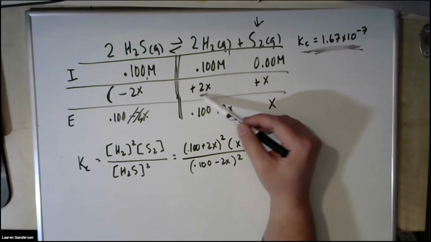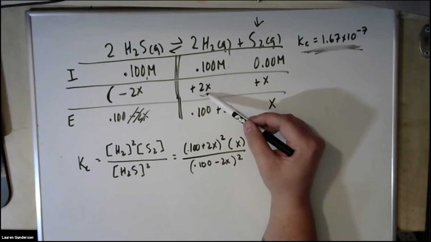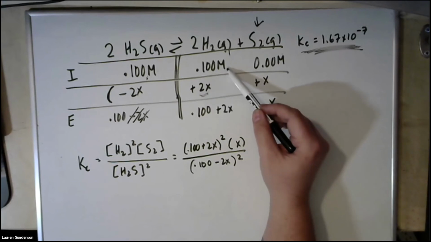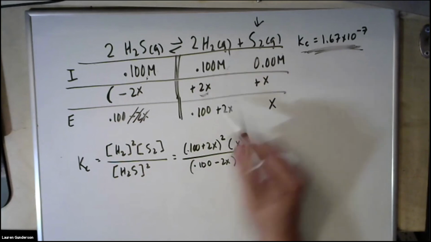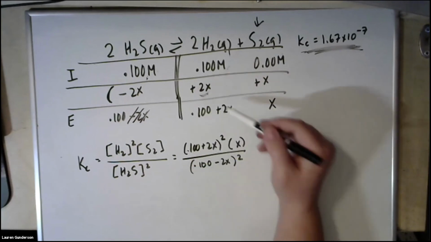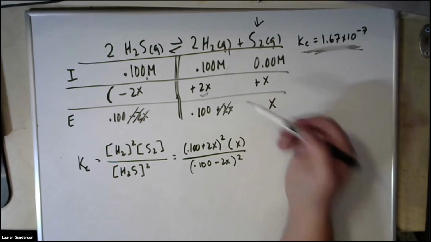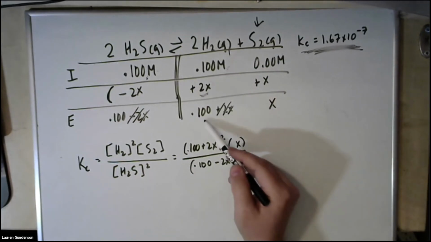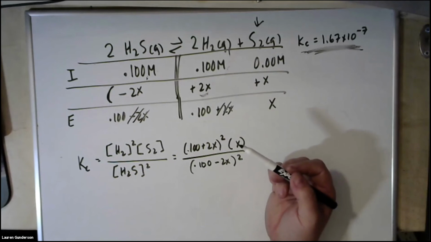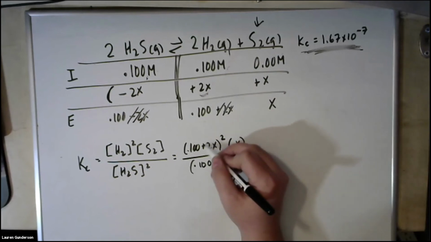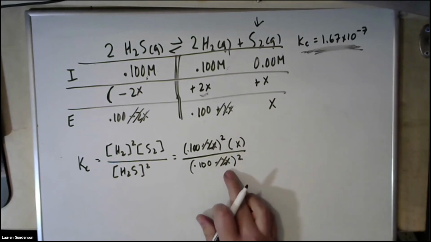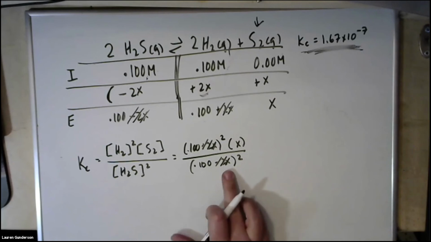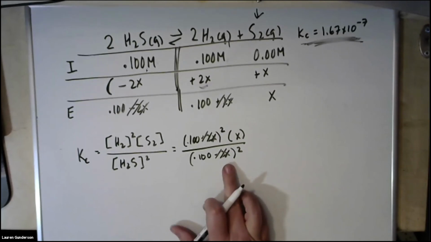Whatever this 2x value is, it's going to be such a small number compared to the 0.1 molar H2 that's already present, because so little of the H2S is going to convert into product, that when we are adding these values together, the 2x becomes very unimportant when you compare it to the 0.1 that's already there. So we're going to drop these terms, the minus 2x and the plus 2x, out of our calculation and see if we can calculate x without them, because it's a little bit easier.